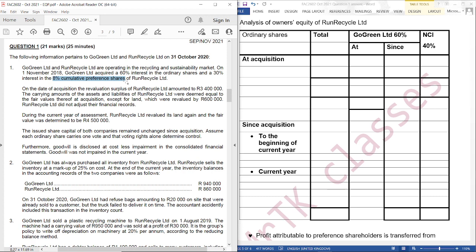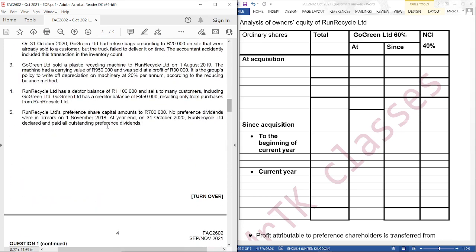What cumulative preference shares mean is that if dividends are skipped, they will be paid when profits become available. That's why this transaction is saying Run Recycle Limited declared and paid all outstanding preference dividends.